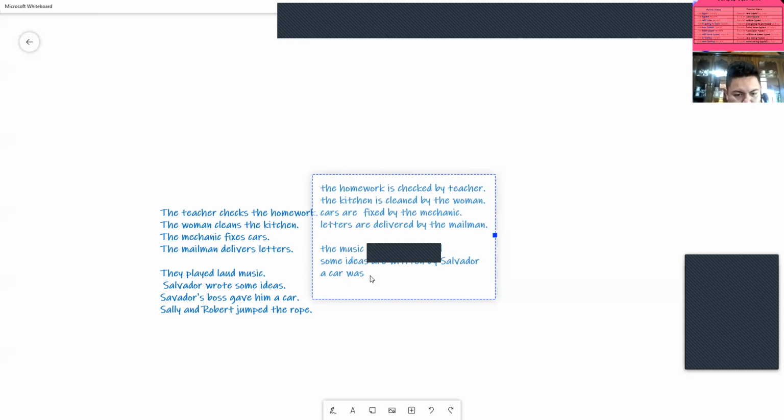The past participle of the verb gave. In past participle, the gave it. Past participle.